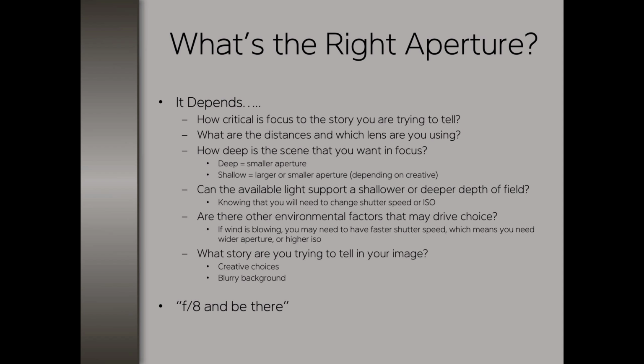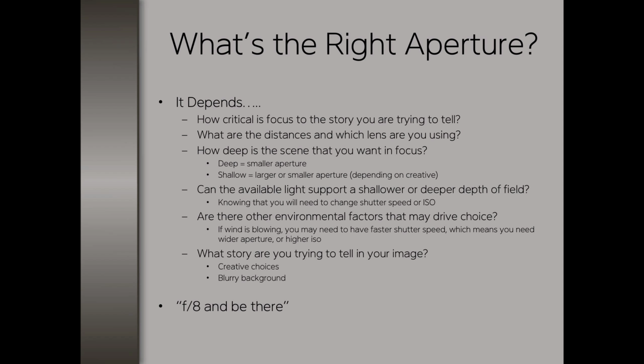Well, knowing that the opening in the lens is going to be really small, you may have to adjust either your shutter speed or your ISO in order to get enough light to make a proper exposure. So, you really got to evaluate the light to know what's possible and does it fit within the creative vision that you're trying to shoot.